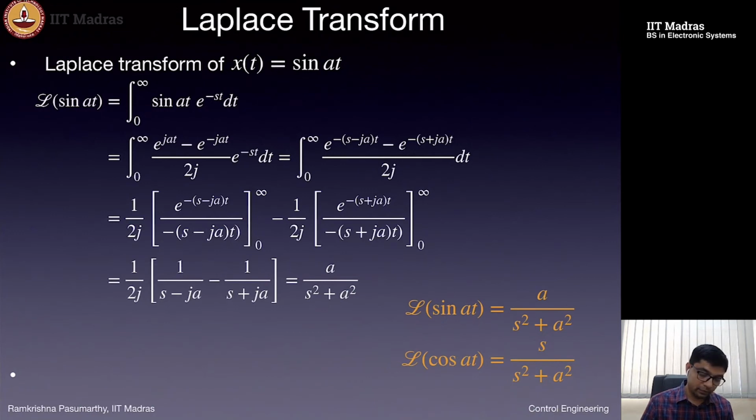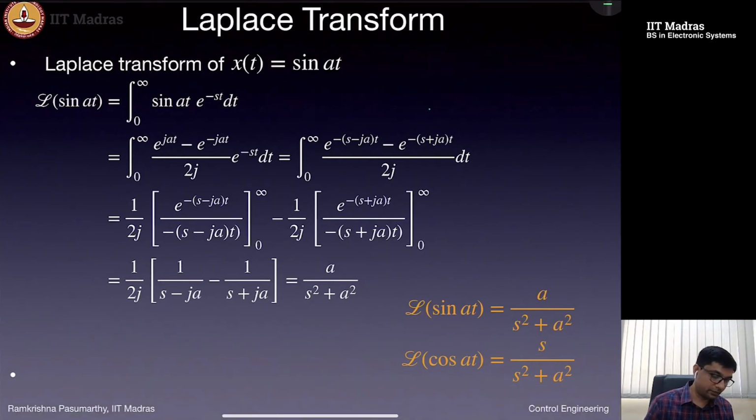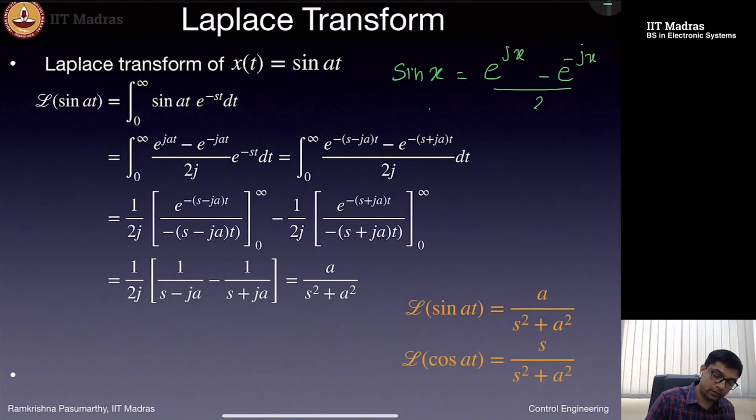Now the next would be what happens to a sinusoid. The Laplace transform of x of t when x of t is sin at. Here I will use a property. Again, I will not really derive this, but sine of x can be written as a combination of exponents, that should be e power jx minus e power minus jx over 2j.